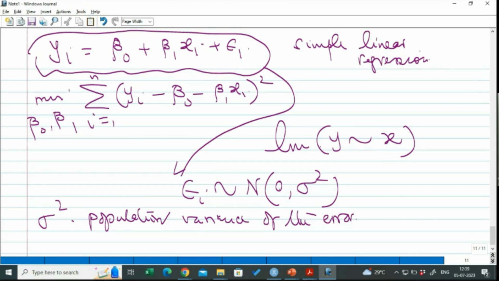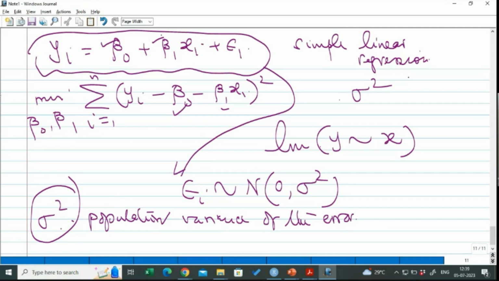And it has a variance. So when we estimate beta 0 and beta 1, at the same time we need to estimate sigma square also. So in principle, there are actually three parameters you are estimating by doing this: beta 0, beta 1, and sigma square as well.